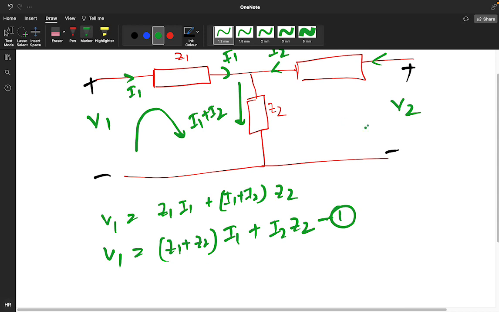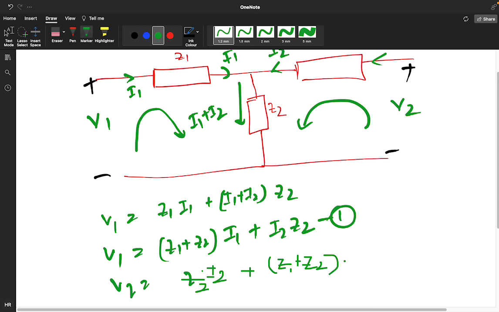Similarly, if you form a KVL equation in this other loop, what you will get is V2 is equal to Z2 I2 plus, you are getting, Z1 plus Z2 in this. Okay, what?